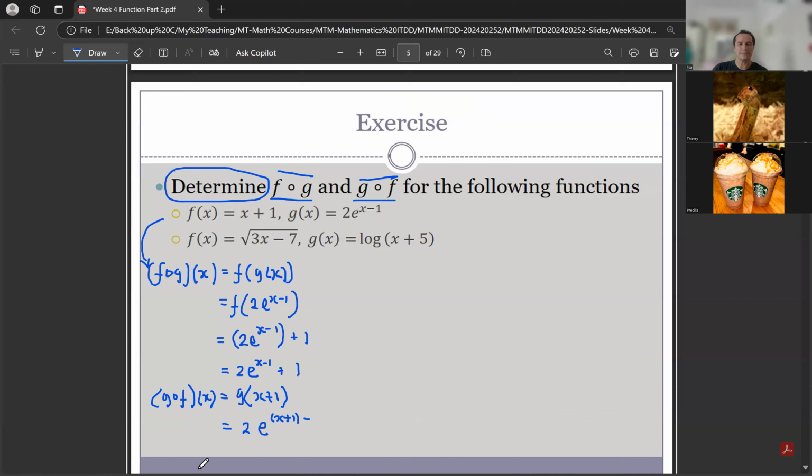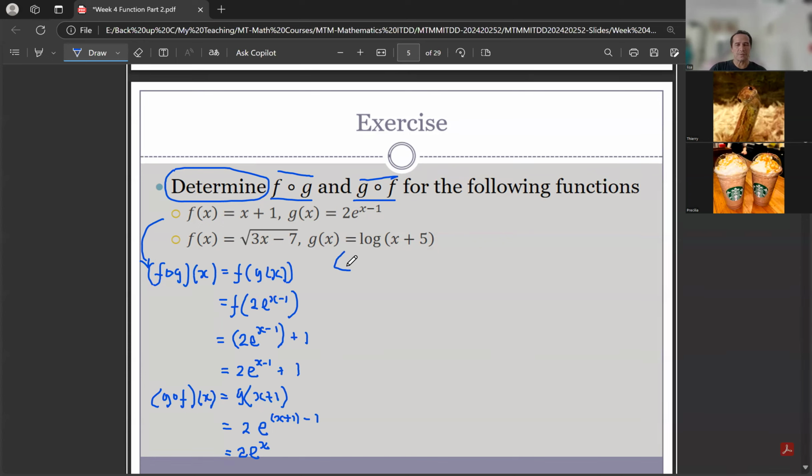This is the formula of GOF. So the power is x plus 1 minus 1, which means the 1 must be cancelled out. We have 2e^x. This is the answer of number one. What about number two?